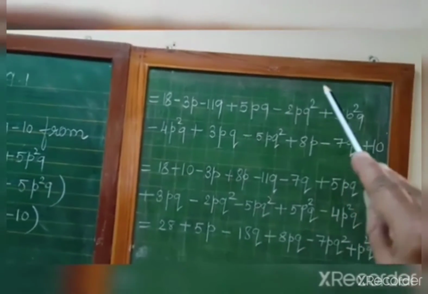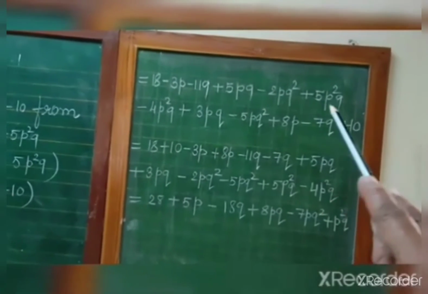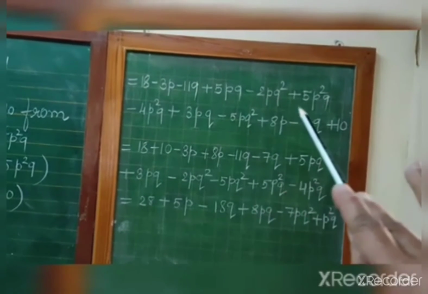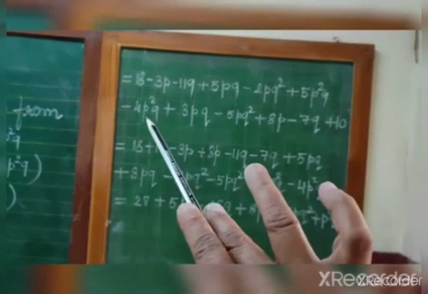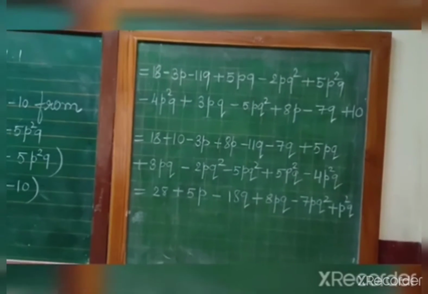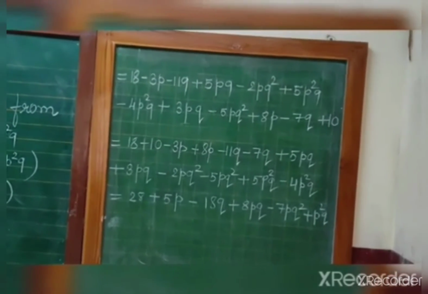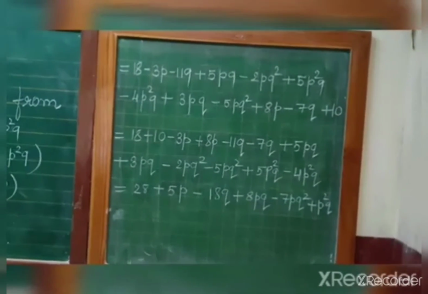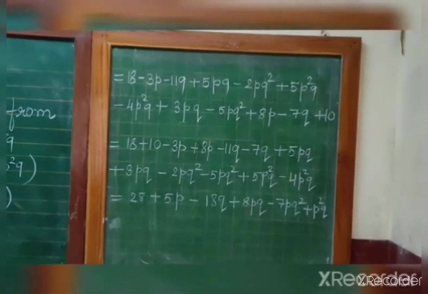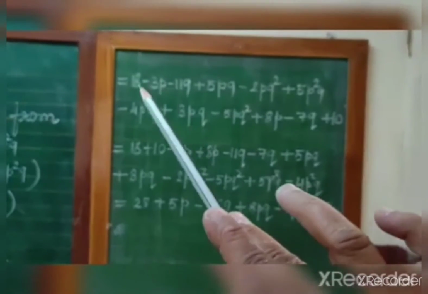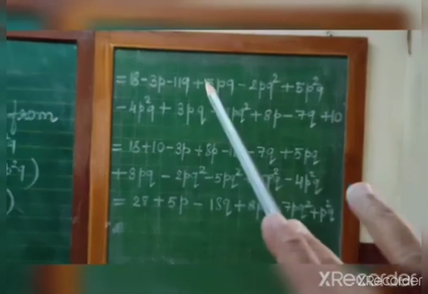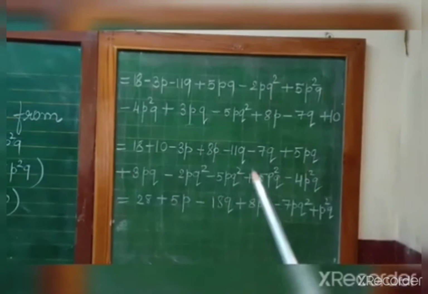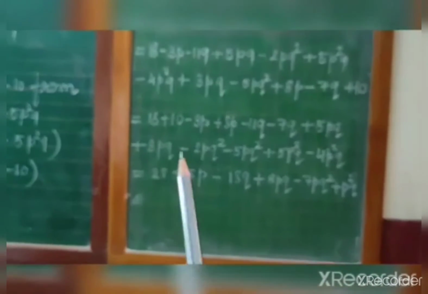Minus 2pq square minus 5pq square. Plus 5p square q minus 4p square q. So how many terms are there? You can check that no term has been left out. So 12 terms on each side. Correct.